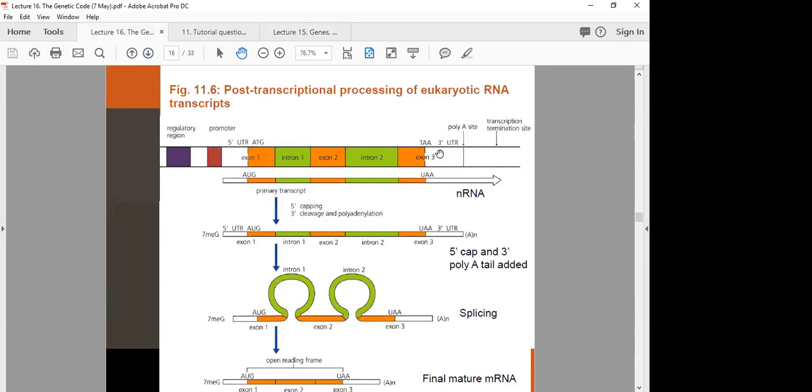Okay, let's look at this region. At the end of the gene, this is said to be downstream of the gene. We have a sequence of DNA here that's called the 3' untranslated region. Then we have a region of DNA here, which is called the poly A site, and then a specific sequence of DNA here called the transcription termination site.